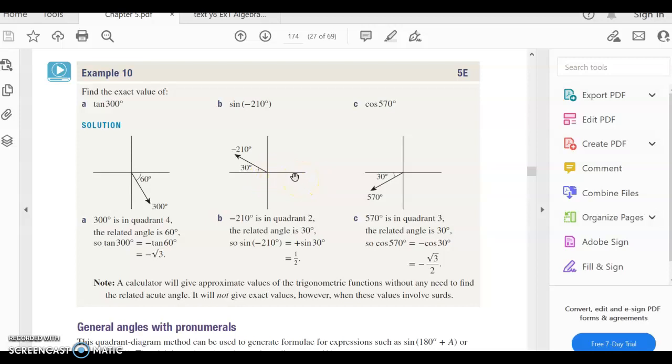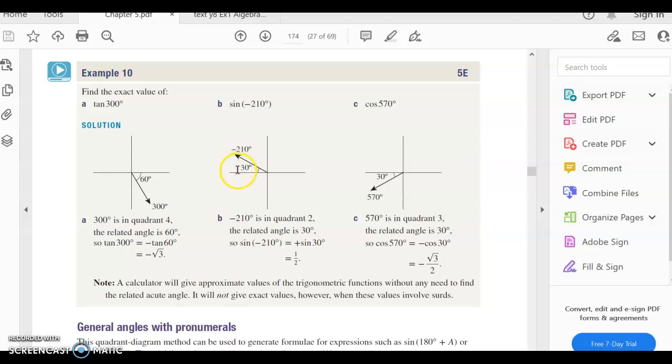So we're going to go around. 210 degrees will take us over the 180 degree mark, and it's going to take us 30 degrees over, because we've got 180 degrees around to the negative X line here. If we have 30 more degrees added to that 180, we're going to hit the 210 mark. So we're in the second quadrant.